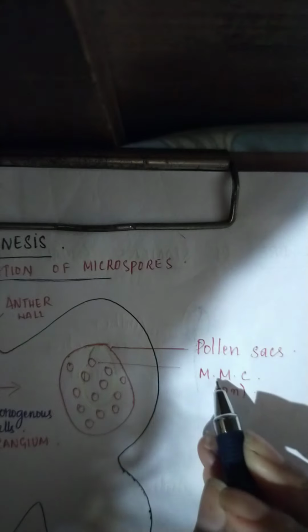The first step they undergo is this: when these microspore mother cells, which are diploid, undergo meiotic division, it results in reduction. So suppose this is a microspore mother cell.